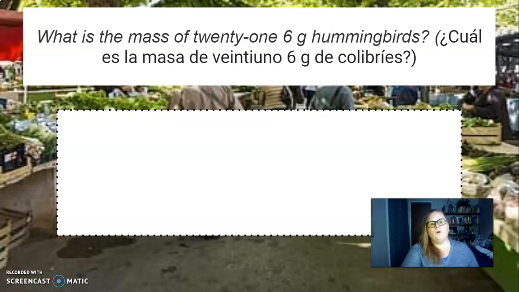So, what is the mass of 21 6-gram hummingbirds? Okay, so I know I have 21 birds. They're each 6 grams. So how can I break 21?